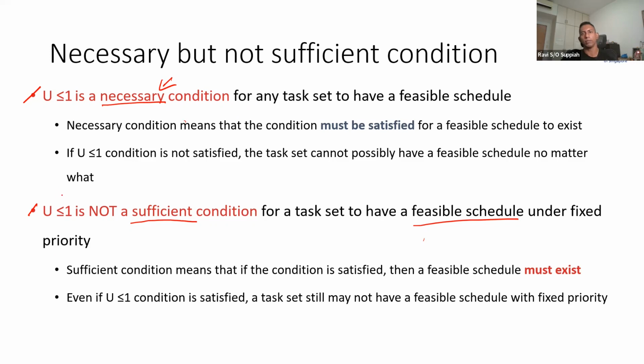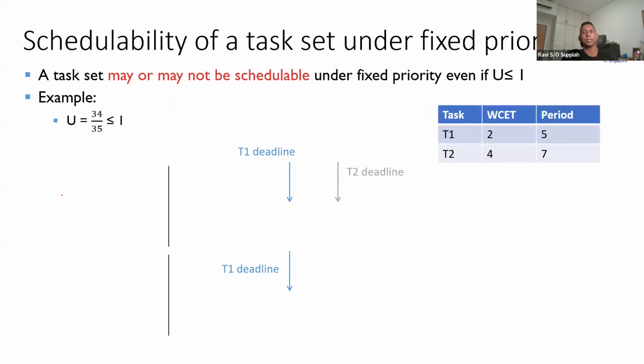Just to demonstrate what we mean, you can see this example here where I have two tasks, task 1 and task 2. The utilization will be 2 over 5 plus 4 over 7, which gives me 34 over 35, which is less than or equal to 1. So in terms of the utilization, yes, it satisfies the utilization criteria.